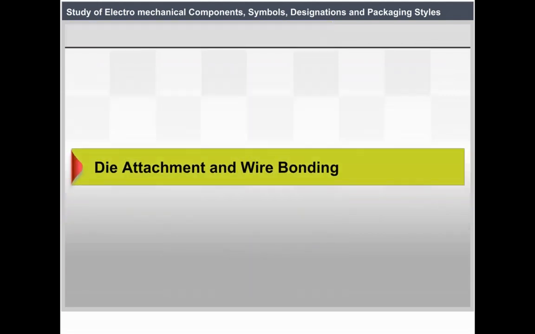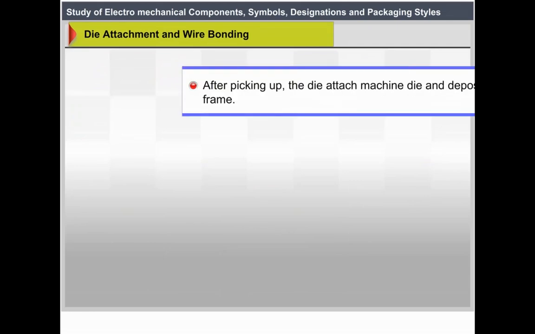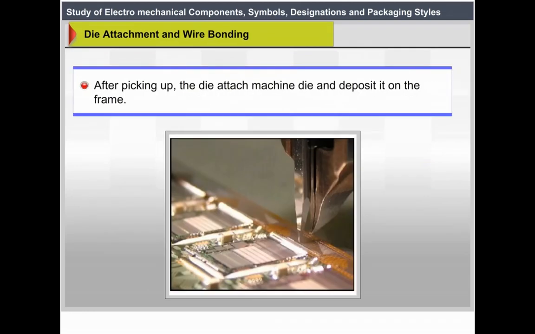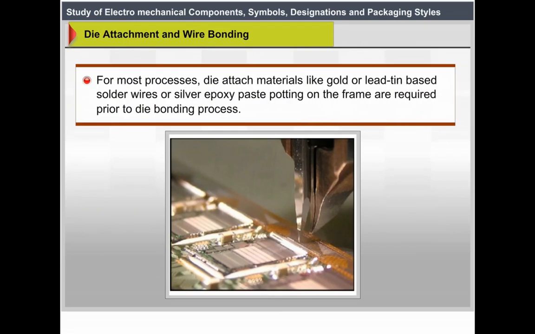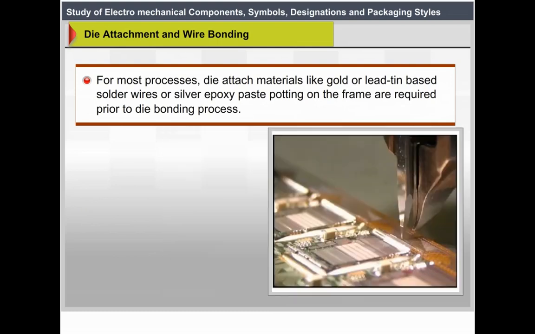Die attachment and wire bonding. The die attachment machine will pick up the die and deposit it on the frame. It may utilize the wafer mapping method to pick up only good die. For most processes, die attachment materials like gold or lead-tin based solder wires or silver epoxy paste potting on the frame are required prior to the die bonding process.